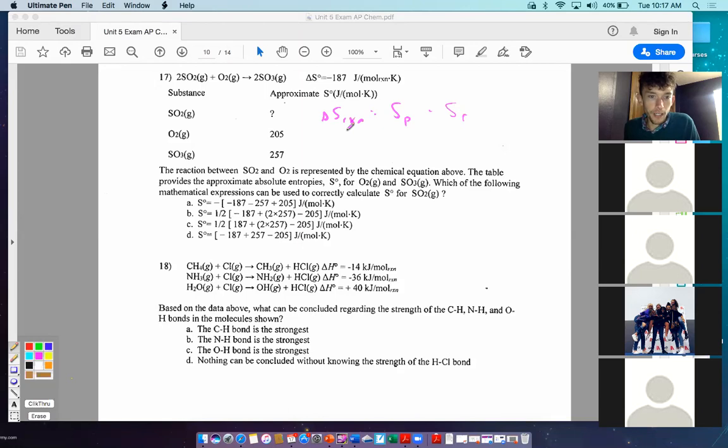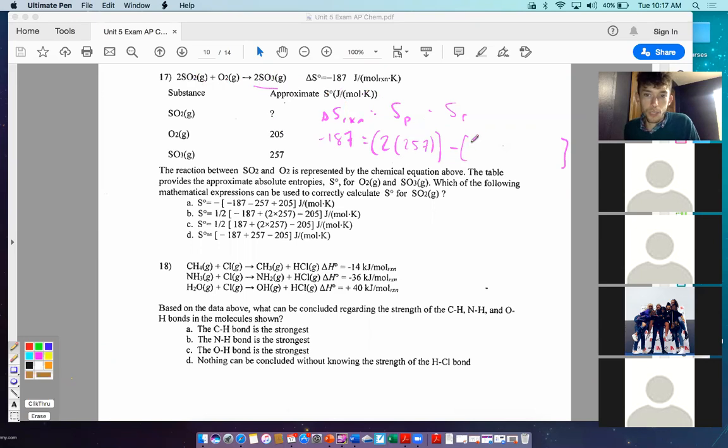Quite simple. I want to figure out the entropy of SO2, so I'm going to write this equation. I know that delta S is equal to negative 187, and that's going to equal 2 times my product SO3, so 2 times 257. That would be my products, minus all the entropies of my reactants added together.